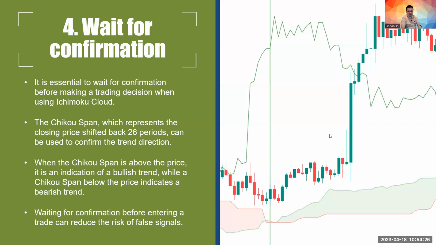Pair that together with price being above the cloud, maintaining above the cloud, and the Chikou span being that far away from the candlesticks. If you're trading at that point, you'll be saying, right, there is good upside potential. I'm looking for confirmation, possibly breaking the recent high, to get into a trade.